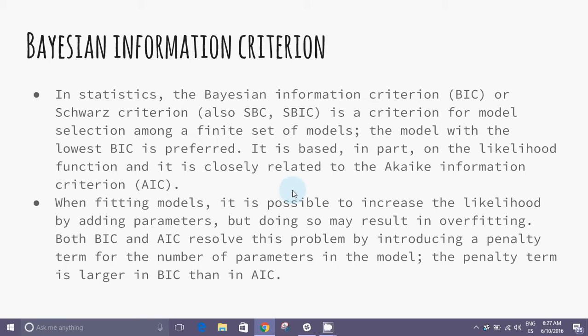When fitting models, it's possible to increase the likelihood by adding parameters, but doing so may result in overfitting. Both BIC and AIC resolve this problem by introducing a penalty term for the number of parameters in the model. The penalty term is larger in BIC than in AIC.